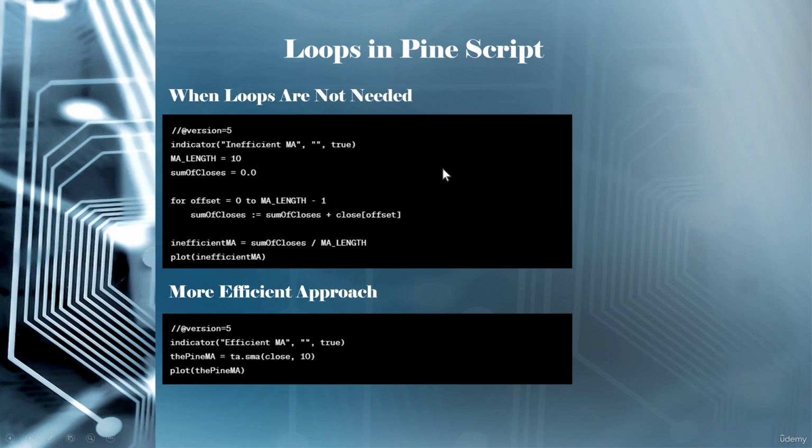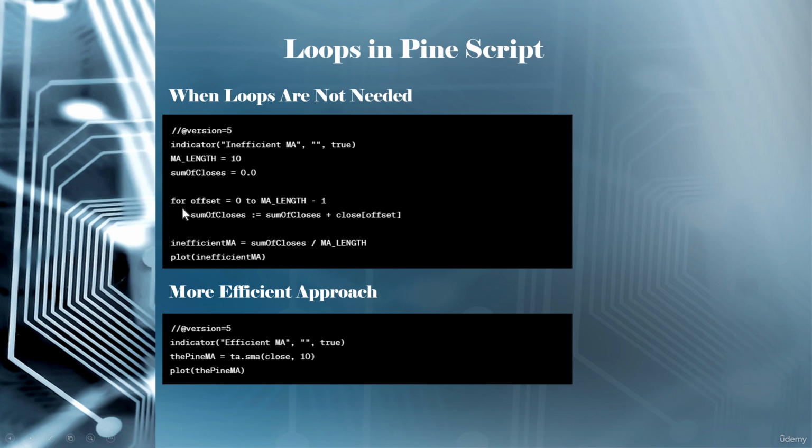So let's review this example. Some beginner programmers might attempt to calculate the average of the last 10 close values using a loop, like in this example. However, this is inefficient. Let's review this code.